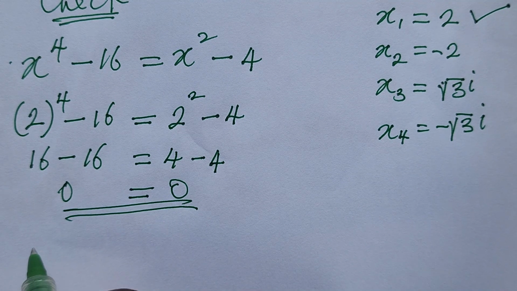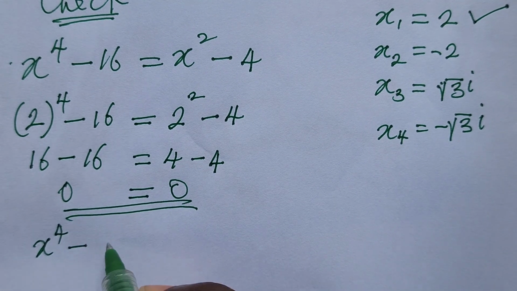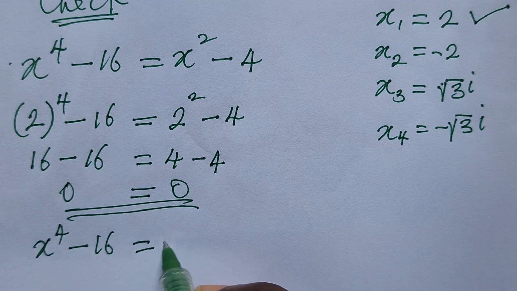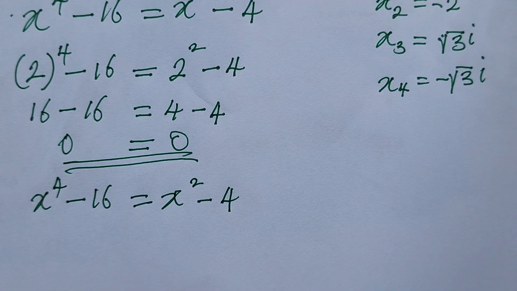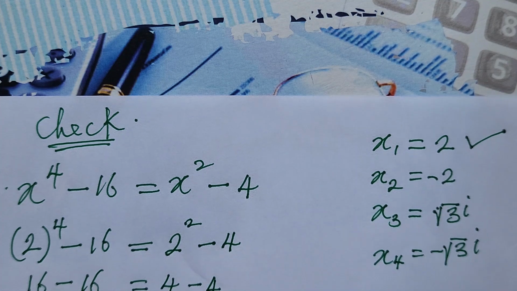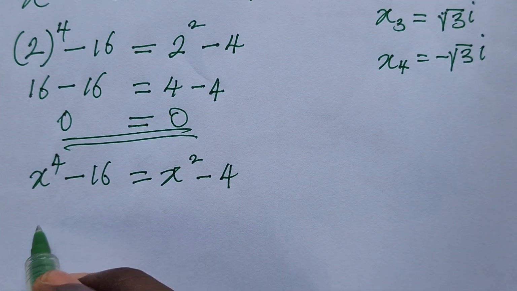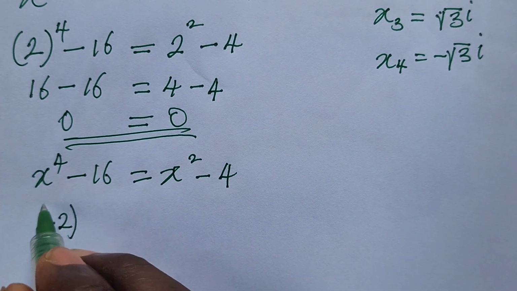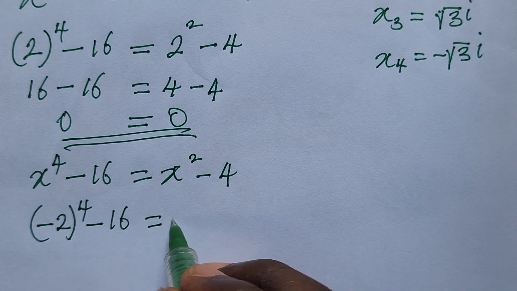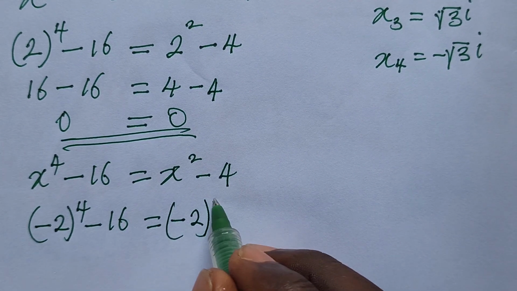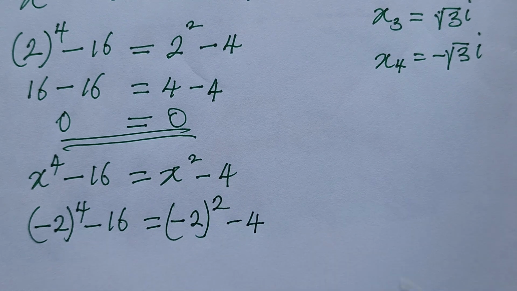So here we have x to the power of 4 minus 16 equal to x to the power of 2 minus 4, right? Our x2 is minus 2. So this gives us minus 2 to the power of 4 minus 16 equal to minus 2 to the power of 2 minus 4.